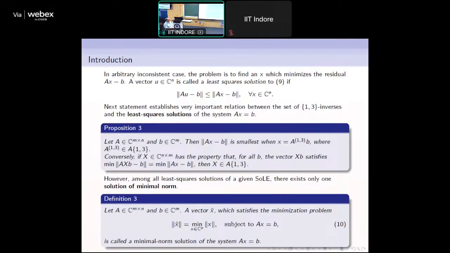The first part says that the norm of AX minus B is smallest when X is given as the product of a {1,3} inverse and B. And conversely, if we have a least squares solution, then this least squares solution must be defined using a {1,3} inverse. And there is another property, of minimal norm.